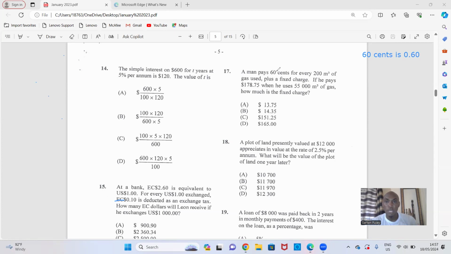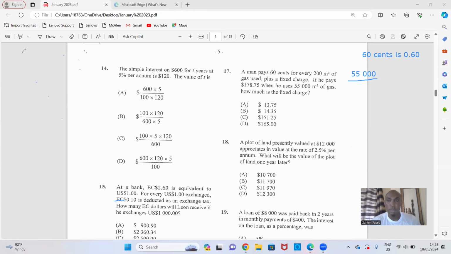Because he's going to be paying 60 cents for every 200 cubic meters, we need to find out how many of them we have there. So we can divide: 55,000 divided by 200.